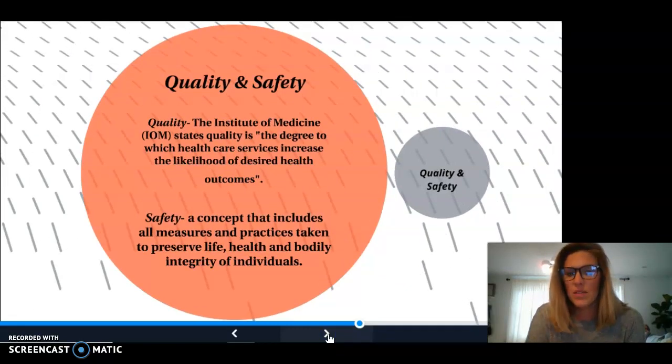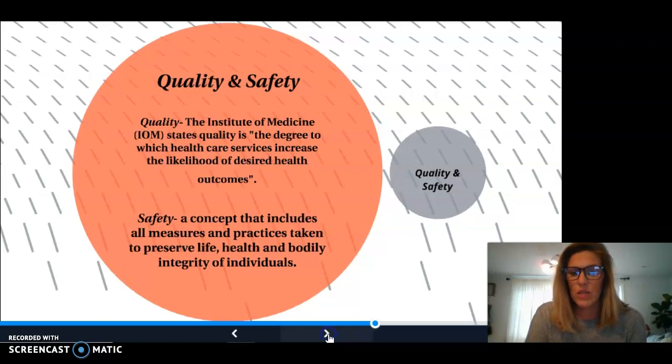Quality, defined by the Institute of Medicine, is the degree to which healthcare services increase the likelihood of a desired health outcome. Safety is a concept that includes all measures and practices taken to preserve life, health, and bodily integrity of individuals.